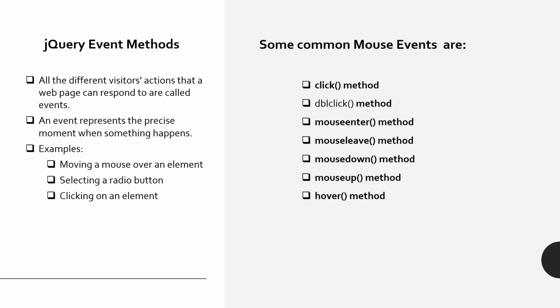These are different types of events. In the following section, we are going to discuss the different mouse event methods: click, double click, mouse enter, mouse leave, mouse down, mouse up, and hover.